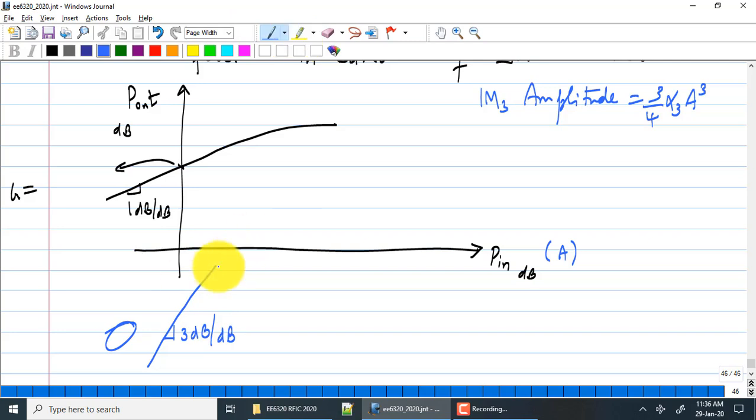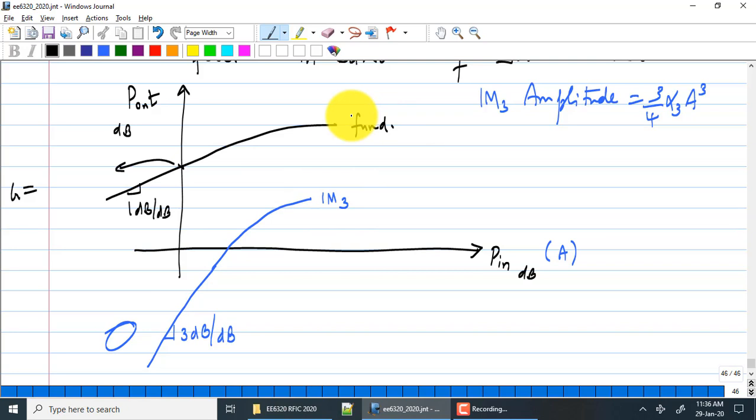So eventually I might even show that. I'll show this compressing in some form. But in the small signal region, it is going to be a straight line. Second thing, if I compare two systems where one had a lower alpha 3 than the other, what will happen to the IM3 curve? This is the IM3 curve. If I take two amplifiers, one is more linear compared to the other.